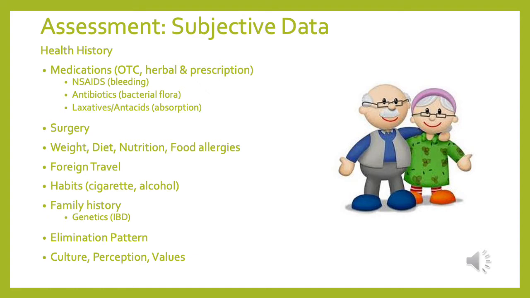Other physical changes that often occur are the loss of teeth and decreased motility, and that leads to decreased GI motility. So changes in their ability to secrete gastric acids to break down food also occur. And they tend to have a prevalence of constipation because of these different aspects.